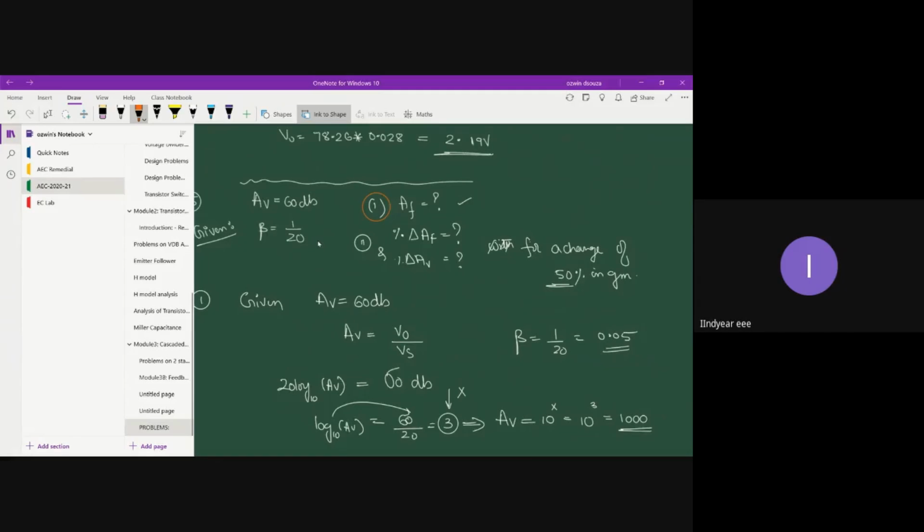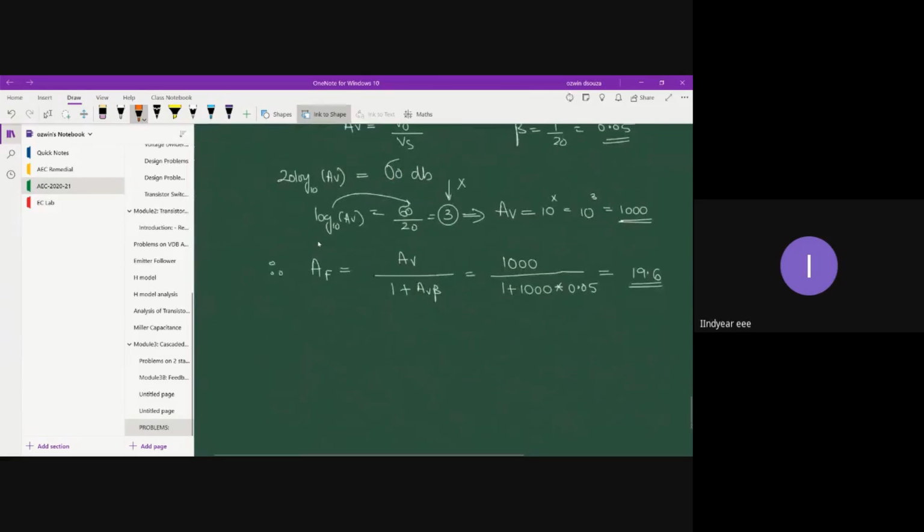Now let us look at part 2. Again, part 2 requires some formula which we haven't discussed in the previous classes, but you can do it in a qualitative manner. In part 2, what are you supposed to find?